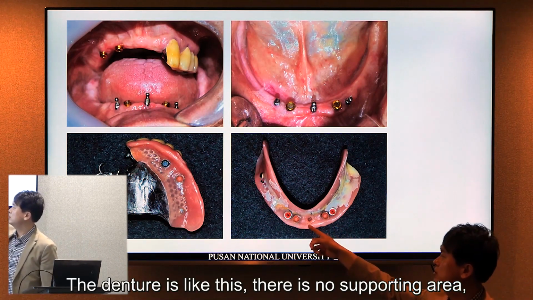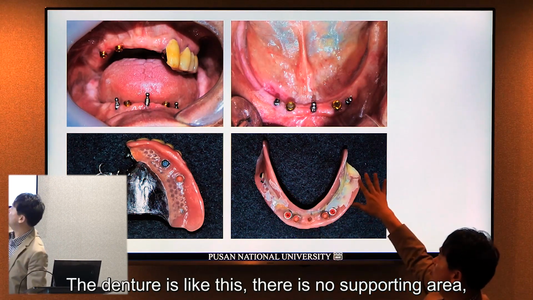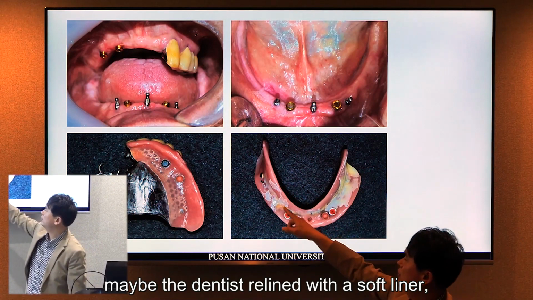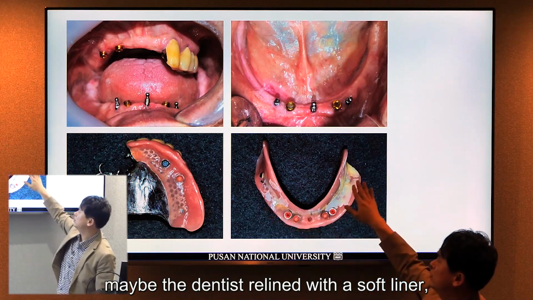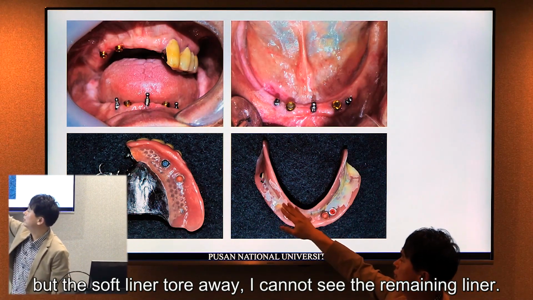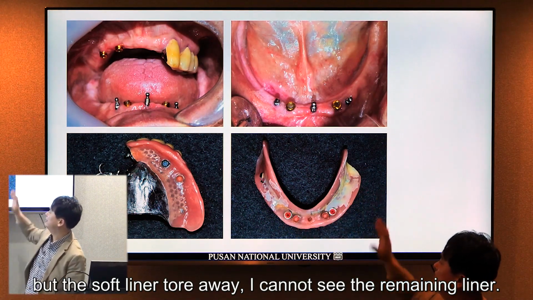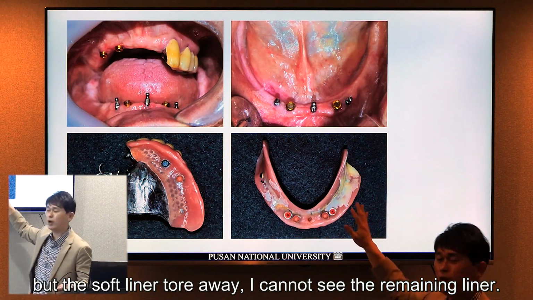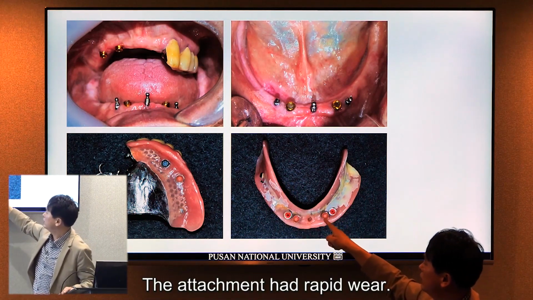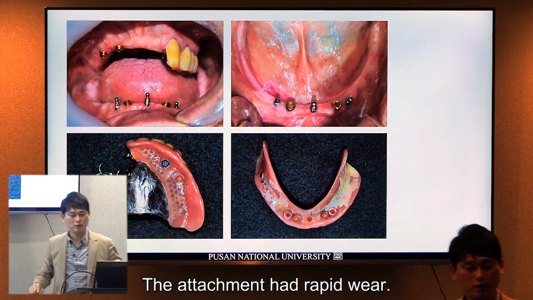Especially when the denture is like this, there is no supporting area. Maybe the dentist relined with a soft liner, but the soft liner tilts away, and then I cannot see the remaining soft tissue. And then the attachment wears rapidly.